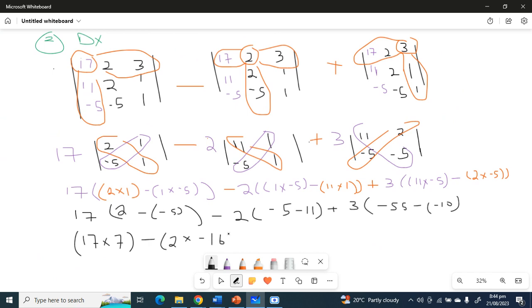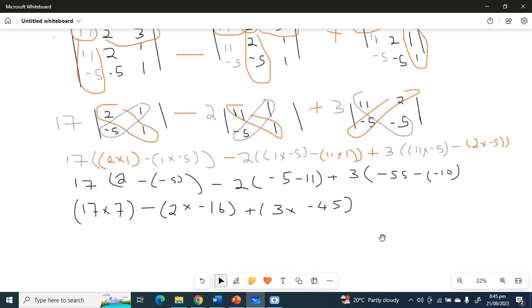Plus negative 55 plus 10, that is negative 45. Yes, is that a question?